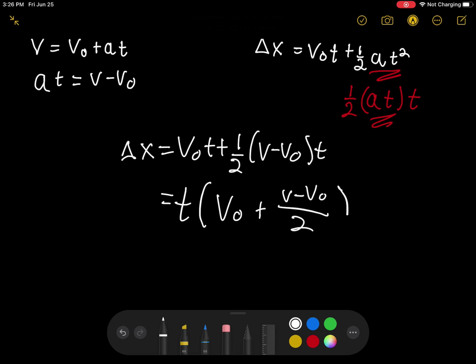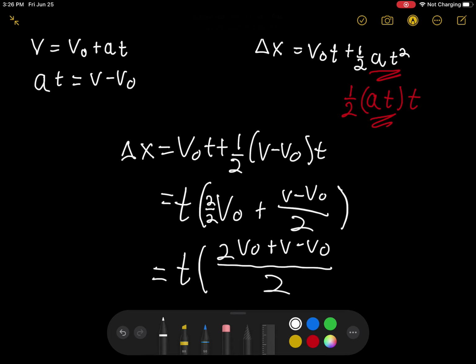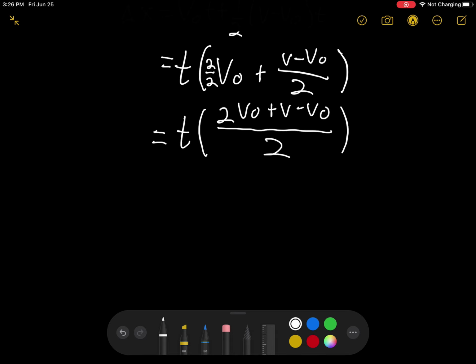And here I can just sneakily multiply a 2 over 2, which is basically multiplying by 1, just to combine all of these terms together. That'll get me t, in parentheses again, 2v naught plus v minus v naught, and all of that is over 2. And from here, just to finish things off, we just combine terms again.